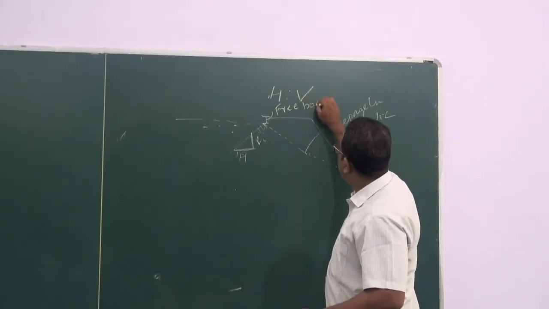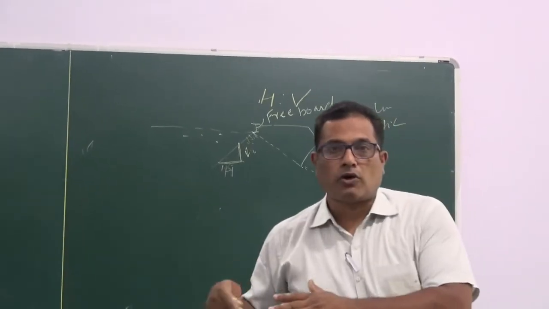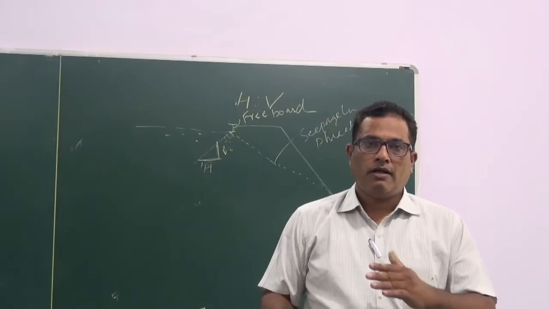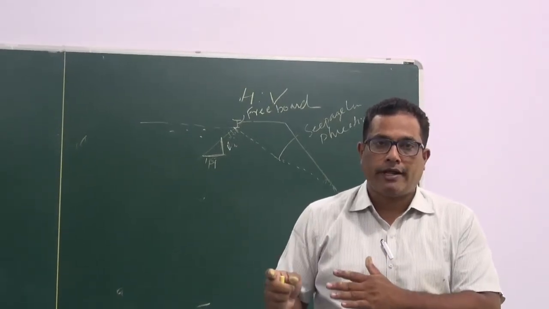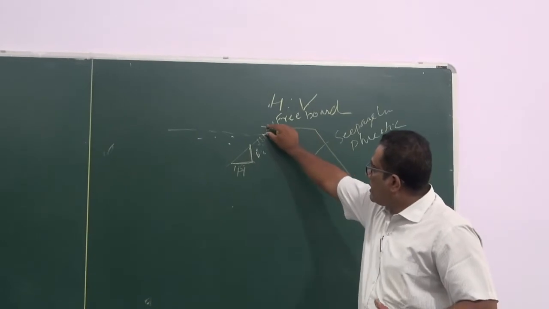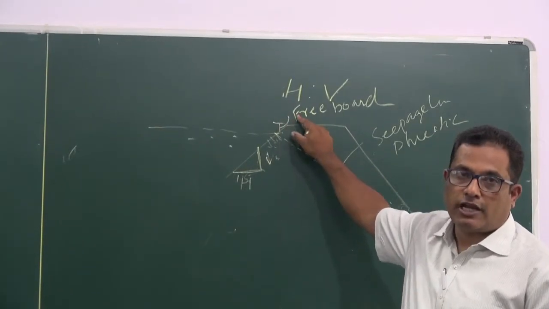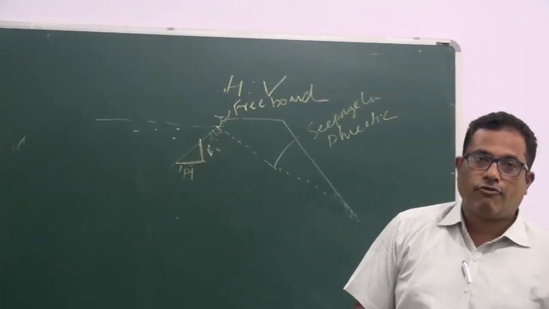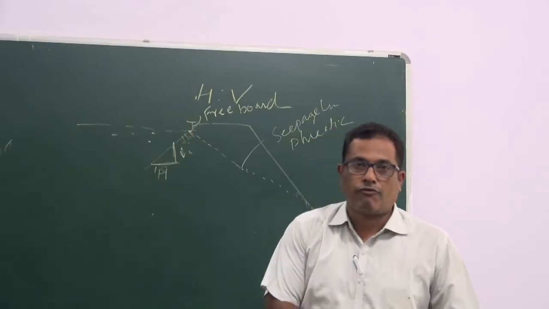That freeboard is the portion of the total height of the bund above the level to which water is expected to be impounded, so that if there is excess rainfall, this freeboard will take care of it.